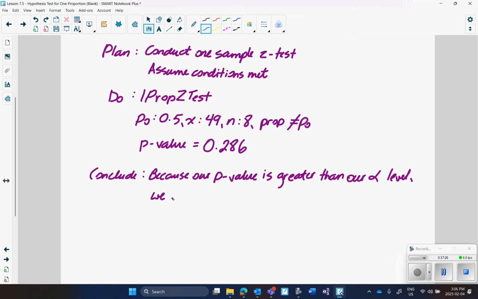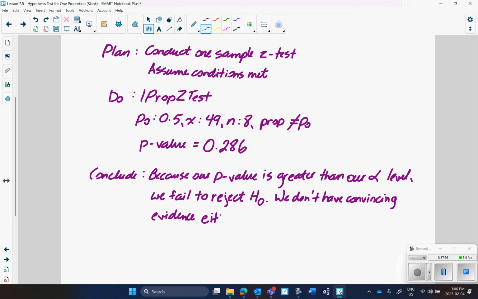And if we don't reject a null, remember the language I said, we fail to reject H0. We don't have convincing evidence. How do I phrase this to make sure I say this right? We don't have any evidence either home or away has an advantage. Because we changed the question slightly.